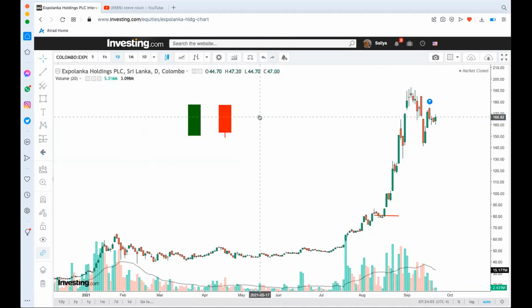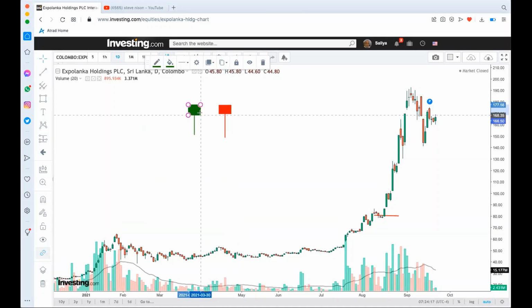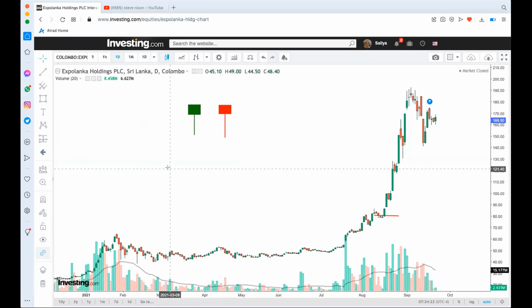Then the next important single pattern candles are called the umbrella candles. According to Mr. Nyson, he calls them the umbrella candles, but for us, it's a different meaning. The reason why he's saying these are umbrella candles is because he sees these candles as umbrellas.